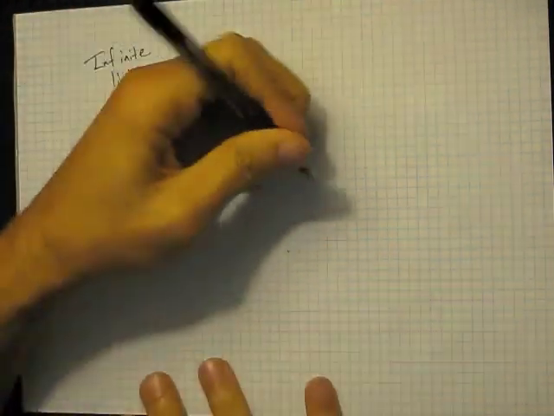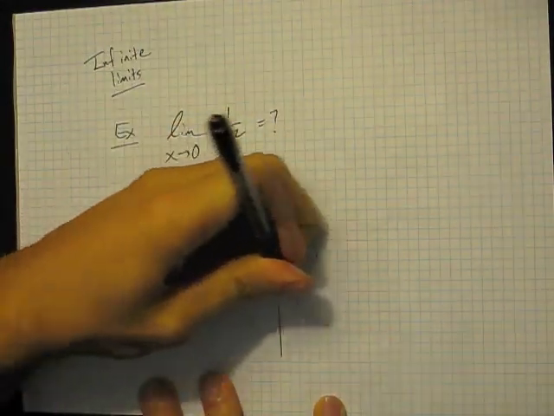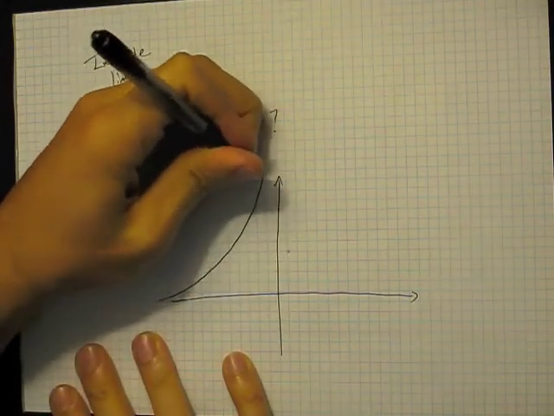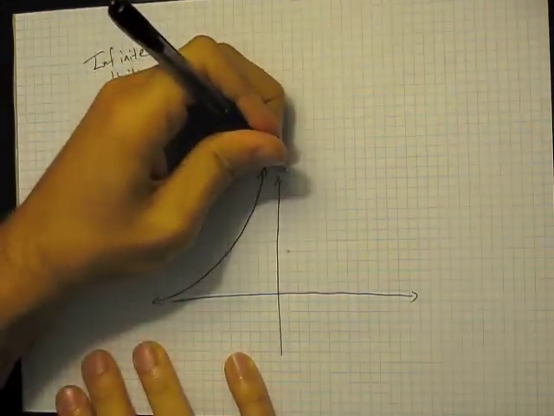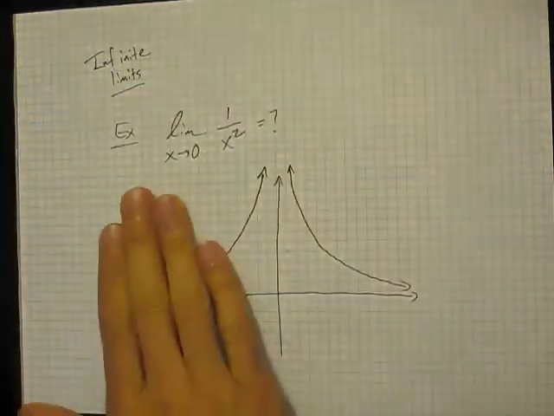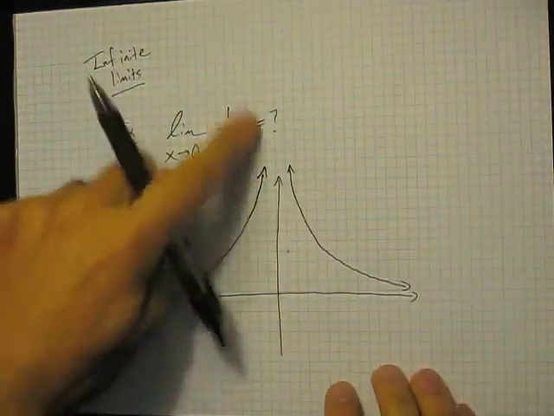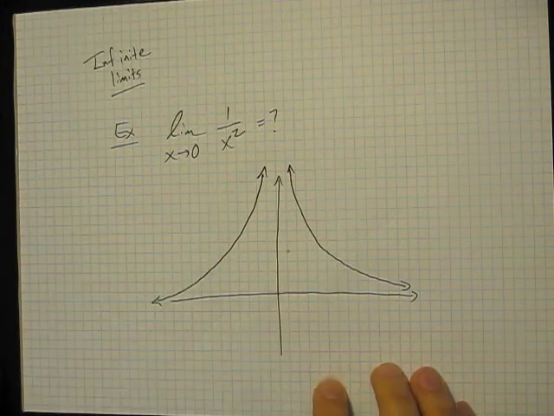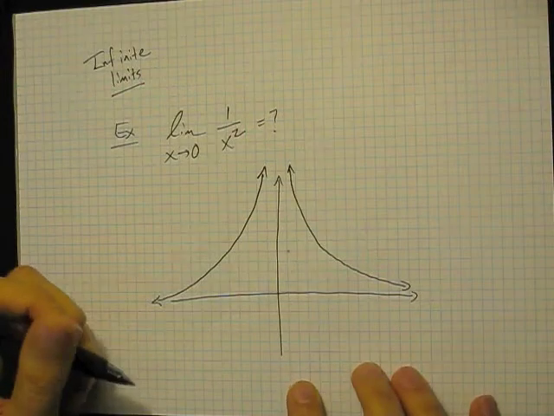So what could that be? Well, here's what the graph of this function looks like approximately. I'll do my best to draw it. It should look somewhat even. Obviously, this is not defined at 0. You cannot plug 0 in here, and so we're really asking about the trending behavior here.